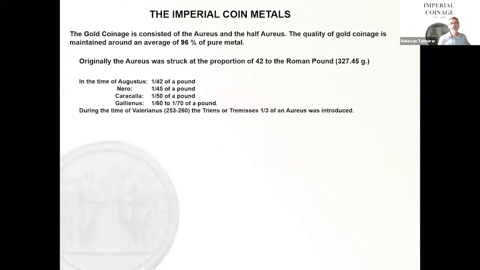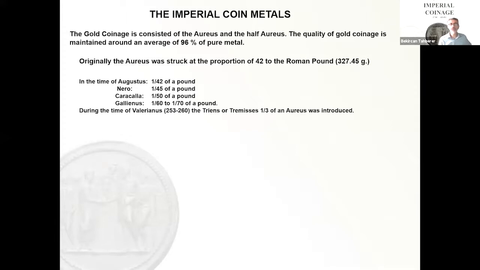All through history, the aureus and the half aureus maintained their quality. Most of the time, they didn't want to tamper with the content of metal in gold. Somehow, they knew that they could not outwit people by debasing gold, and they kept it quite pure, 96%.